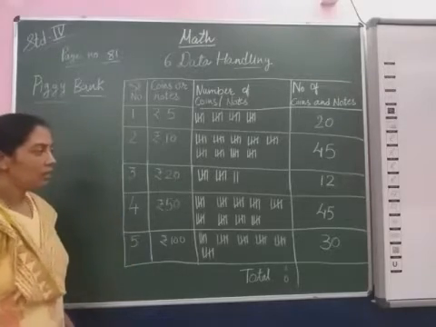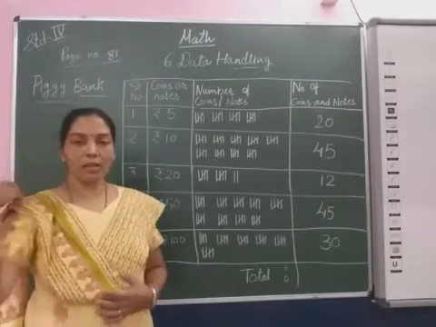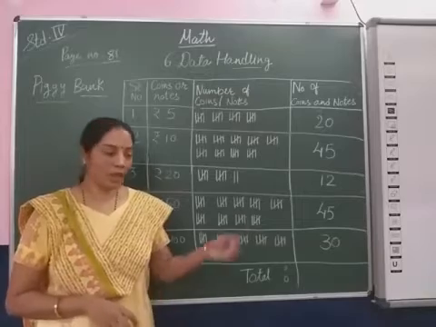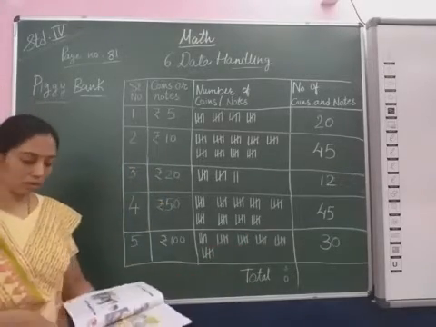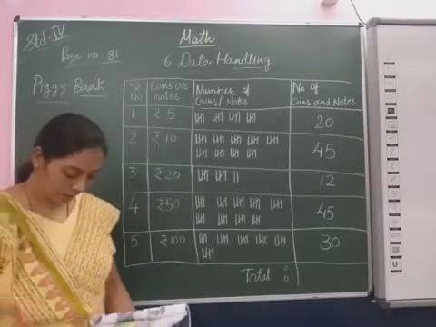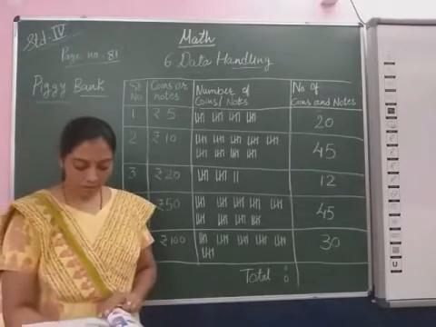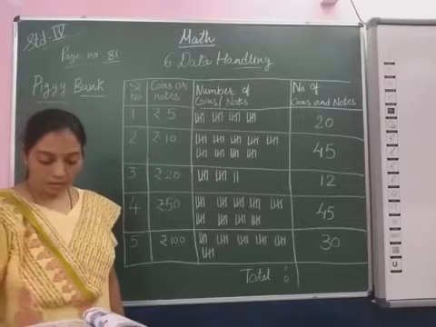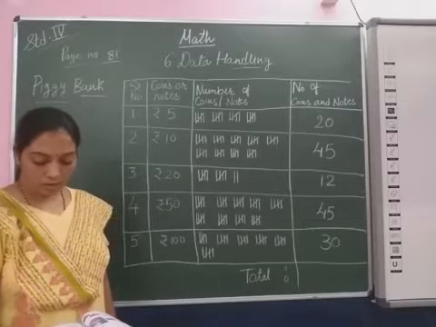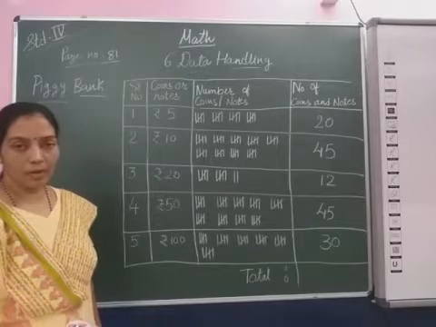Now students, a few questions are given after this table. I don't have so much space, so I read from your textbook. The first question is: which coin or note is highest in number?